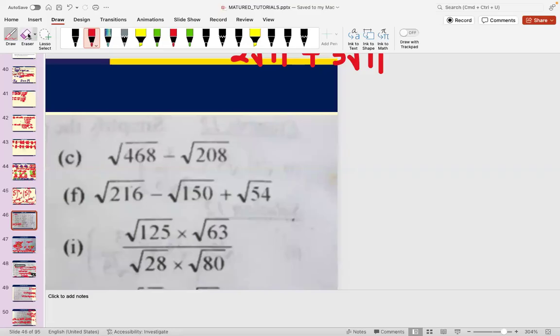There's a strategy. If you get the strategy, you will not think too much about what to do. Normally, what is done is you are breaking this number into two numbers in which you can find the square root of one of them. This number seems so big.